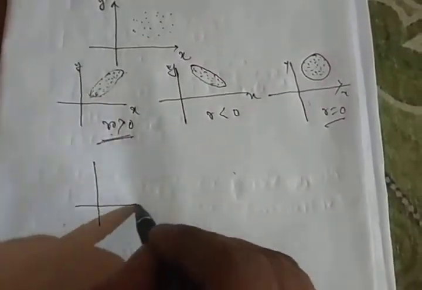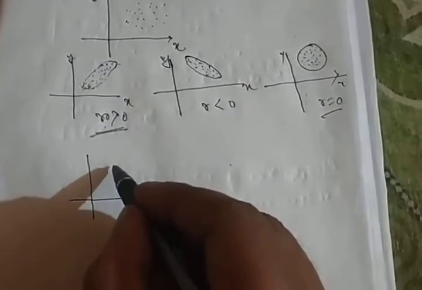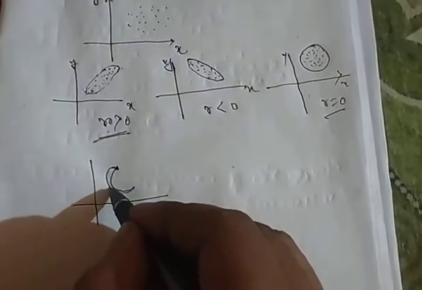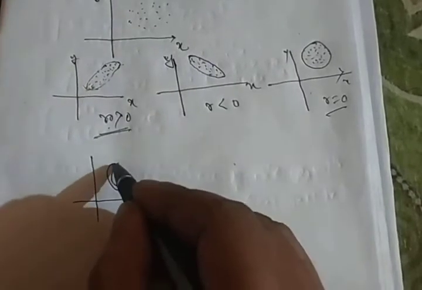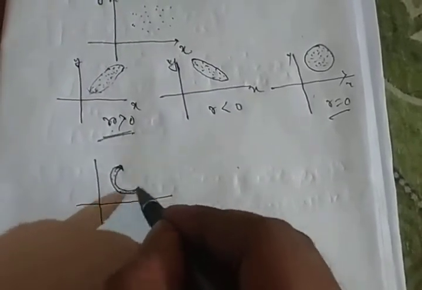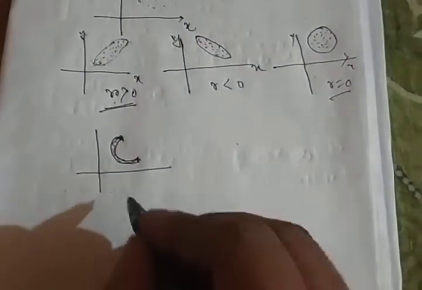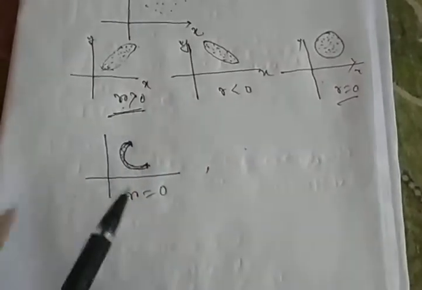Also we can find a diagram of parabolic form. After putting all this data, we can get a parabolic diagram. In this diagram we will also get r equals 0.